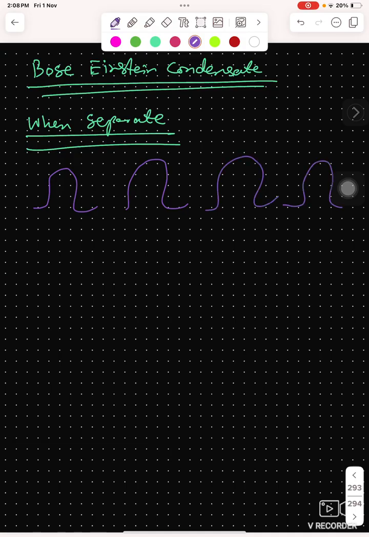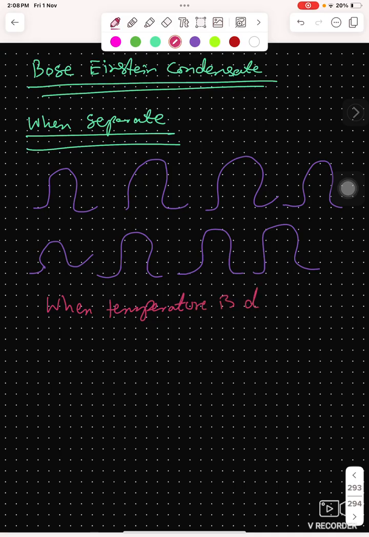Each has separate wave functions in that lattice. But when the temperature is decreased, and when I say decreased, it doesn't mean a little, the change is a lot. The change in temperature is a lot.